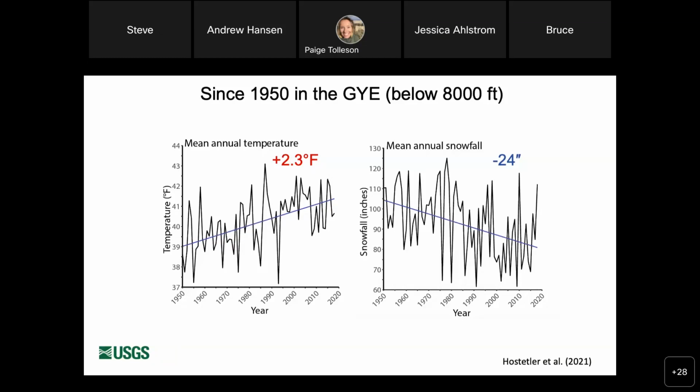So we have some idea about what's going on with SNOTEL sites at higher elevations, but that data for the assessment is sometimes very difficult to put together in a uniform way. So we relied on the meteorological stations where we have those observations, and they're pretty well documented. So warming and less snowfall.